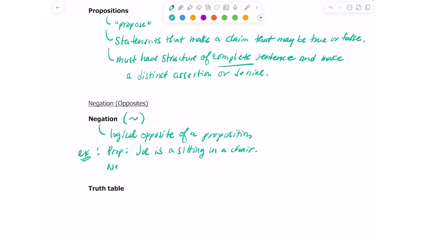So let's say Joe is sitting in a chair. Okay, let's say that's true. If I negate it, it should have the logical opposite of that, which the opposite of true would be false. So how would I negate something like that? I would just say something like Joe is not sitting in a chair.